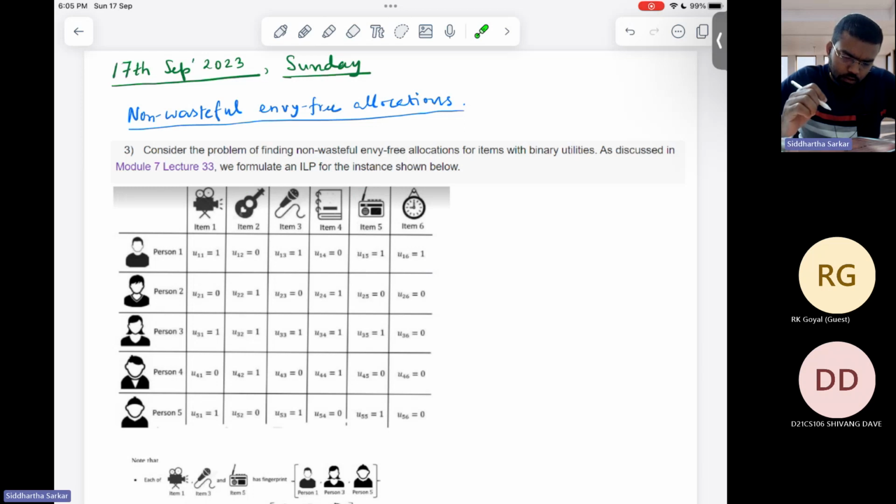If you allocate an item which a person doesn't like, for example, if you allocate this notebook to this person, then that is just a waste because in the perception of this person, the notebook carries no value. So we would like to avoid such allocations.